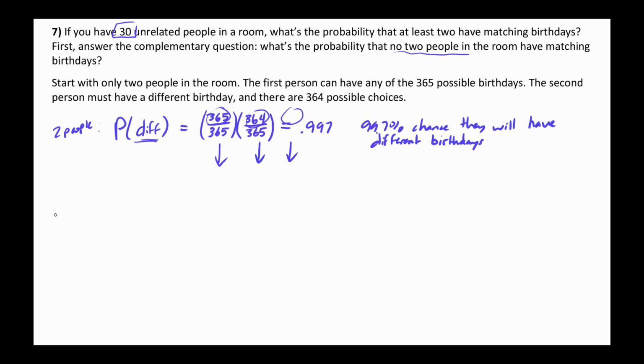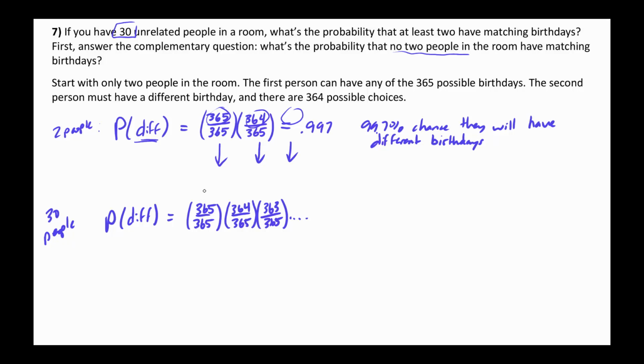So if we take this and we go to 30 people now, so this is how big our classroom is, the probability that they would have different birthdays would be 365 out of 365. That's the number of days they could choose. 364 out of 365. 363 out of 365.